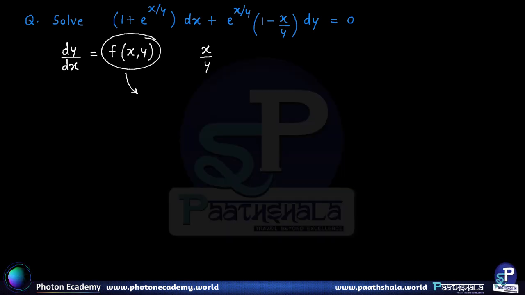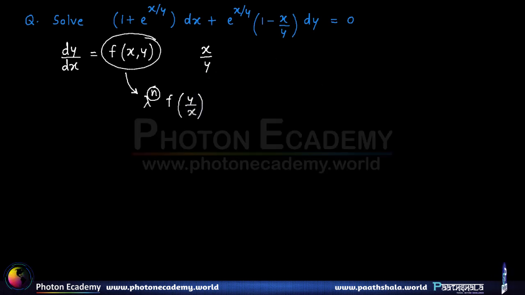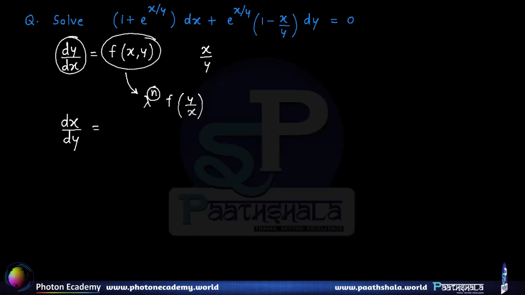The definition of a homogeneous function was that we should be able to write it as some constant lambda raised to some natural number n into a function of y/x, not x/y. So our original premise is not correct and has to be changed. That means instead of dy/dx we should try for dx/dy, and whatever we get should be a homogeneous function.